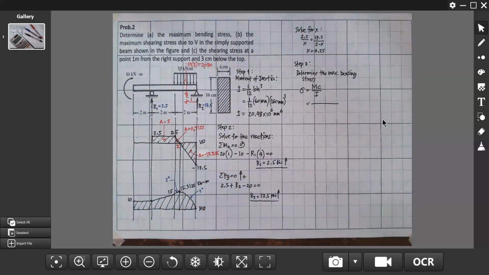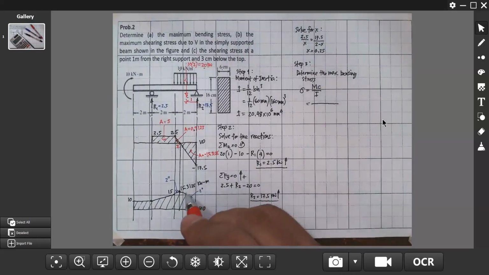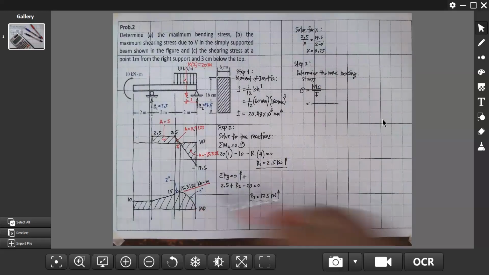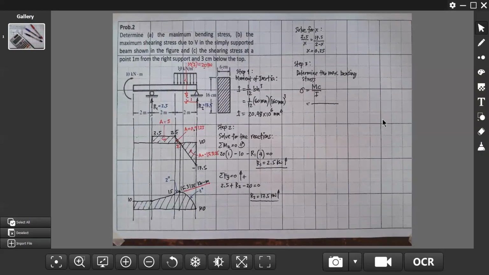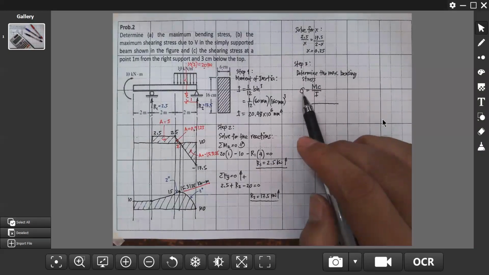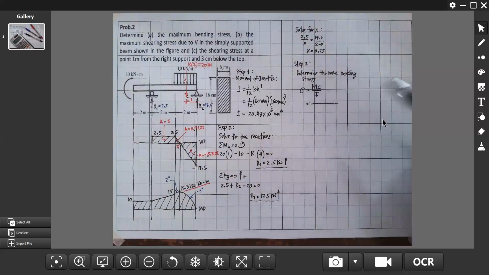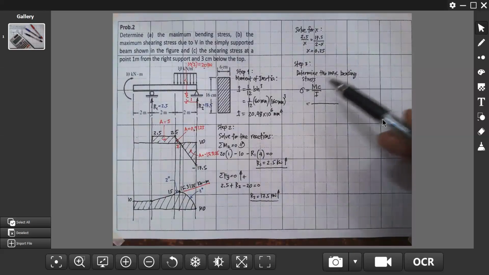This is our maximum. So that we will have a unit of megapascal stress, all units will be expressed in newtons and millimeters.